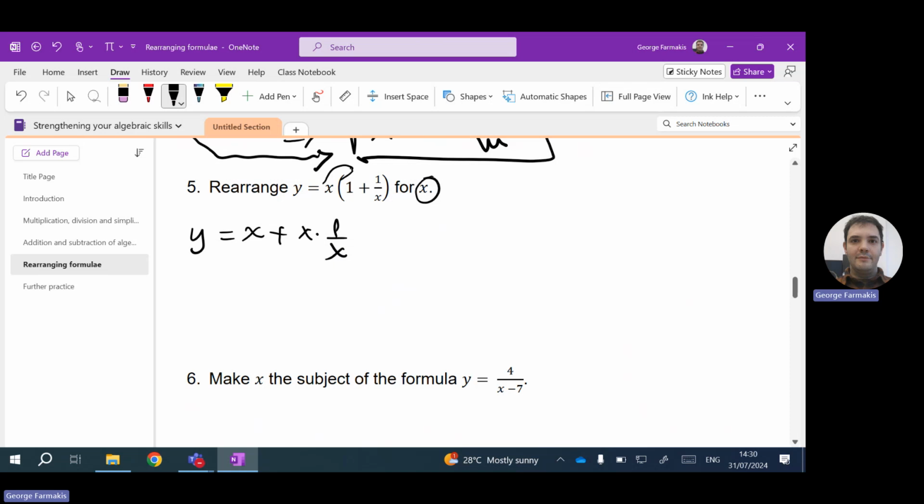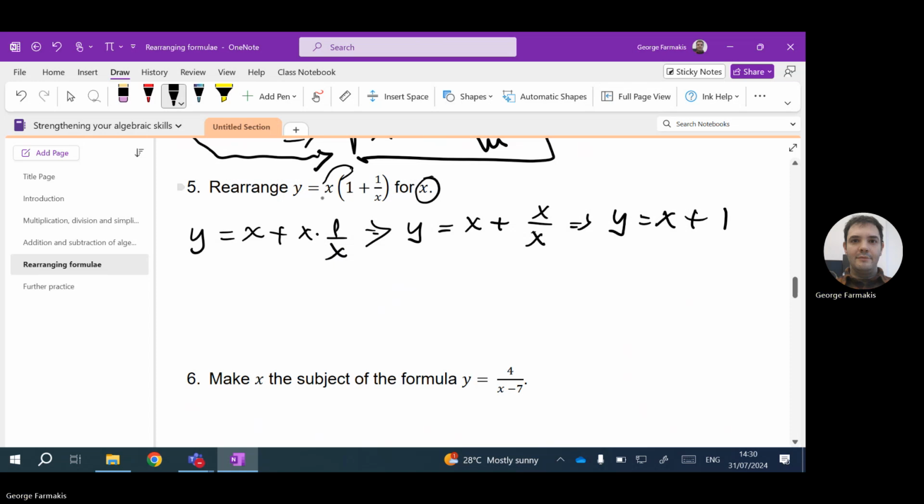Okay. Now what is x times 1 over x? This is like multiplying algebraic fractions. So I can write it as y equals x plus x over x. So this is 1. So this is like y equals x plus 1.